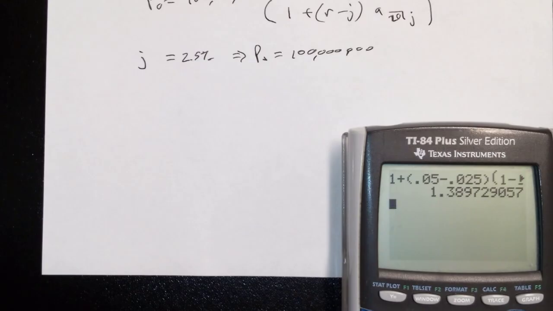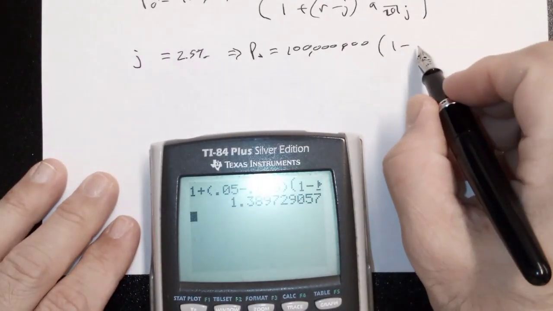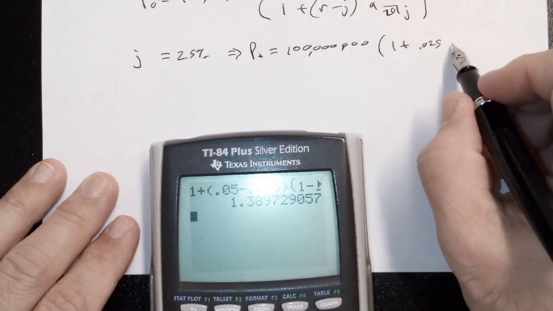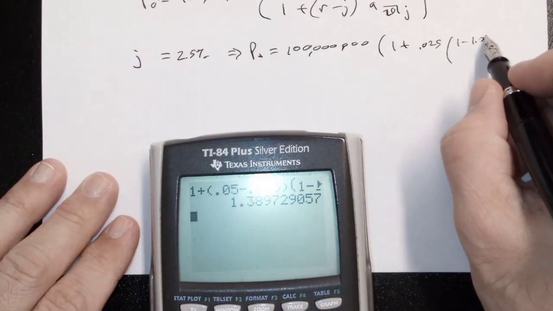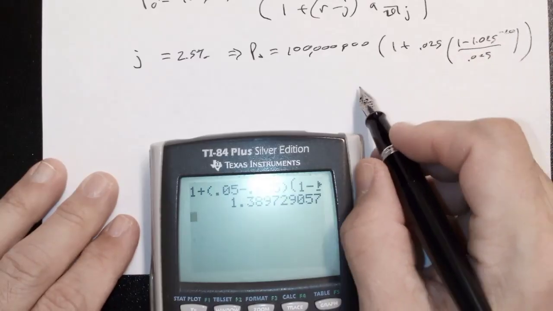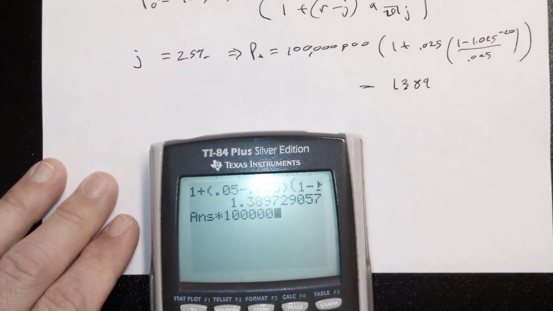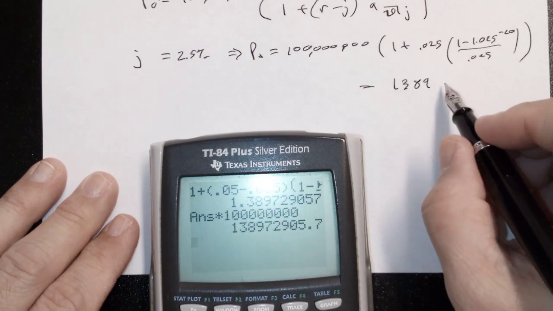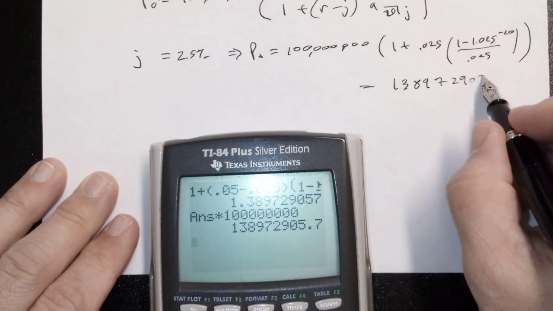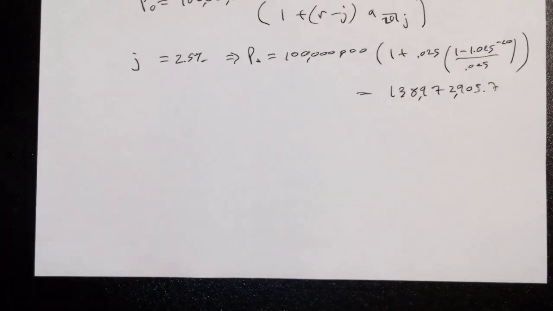Multiply that by 8 zeros. 138,972,905.7. Now that would have been the payment on June 18th. But I'm not on June 18th, I'm on August 1st.